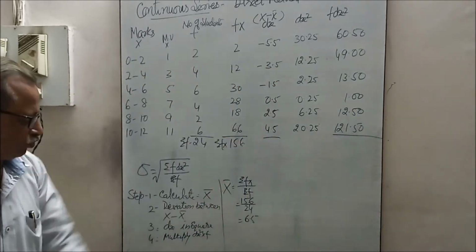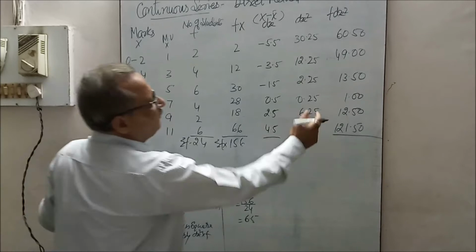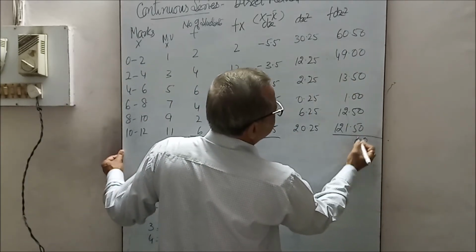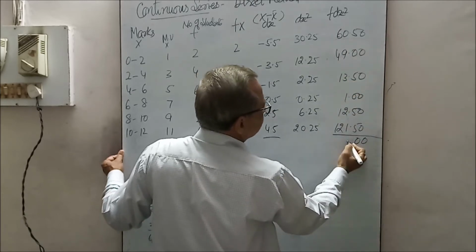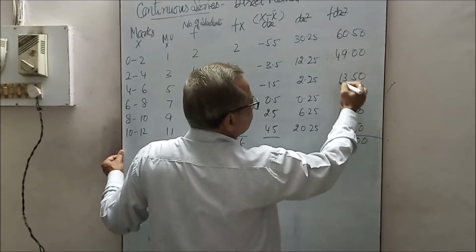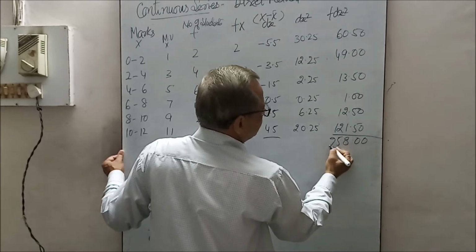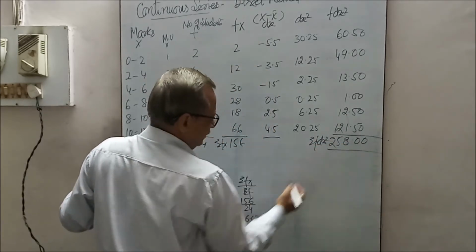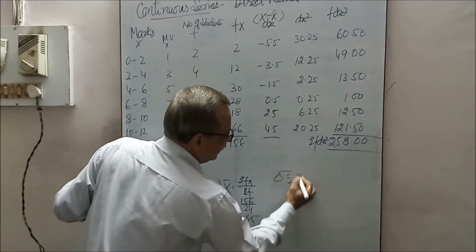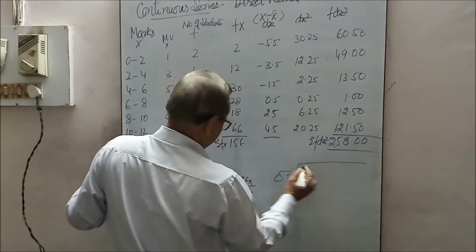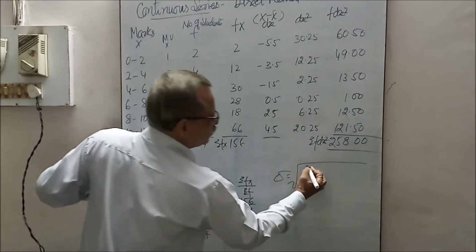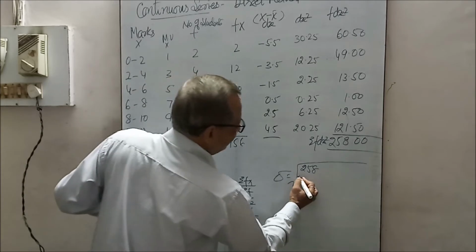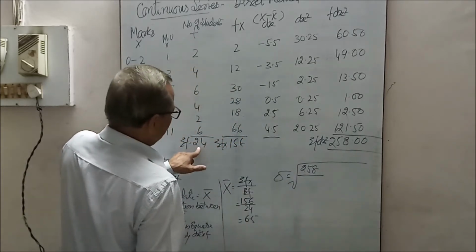This is f dx square. Now we have got the f dx square in the direct method, that is 258. Now put in the formula: under root, summation f dx square, that is 258, upon summation f, that is 24.